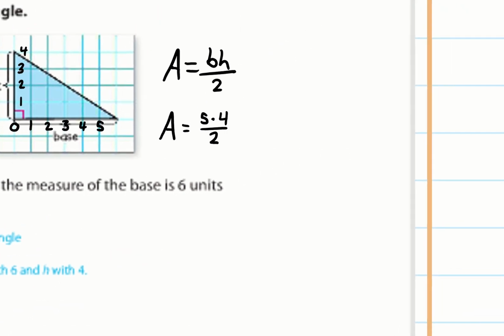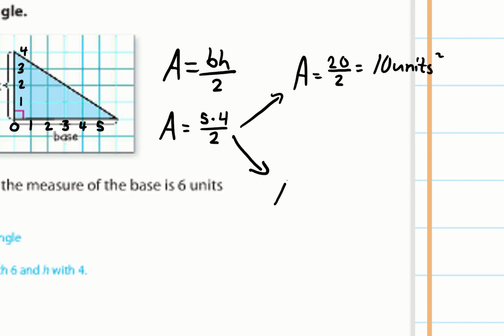I can do one of 2 ways to solve this. One of them's a shortcut, the other one's the long way. So area equals 5 times 4, which is 20, and then divided by 2, which equals 10 units squared. The shortcut is area equals 5 times 4 divided by 2.